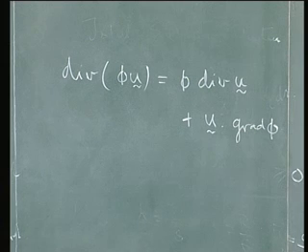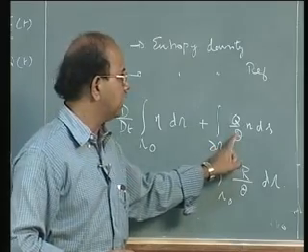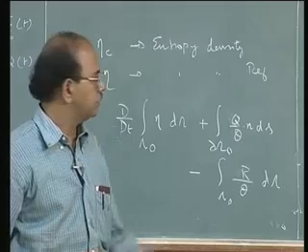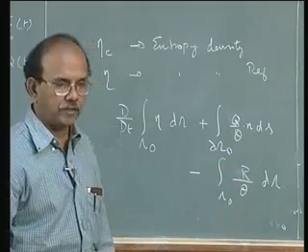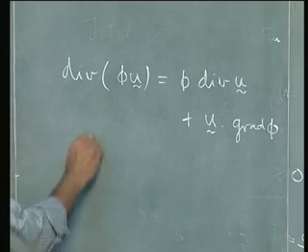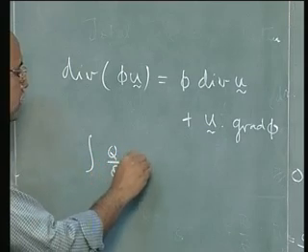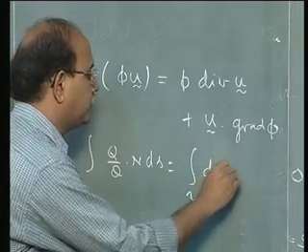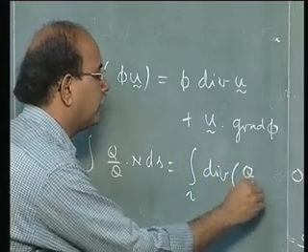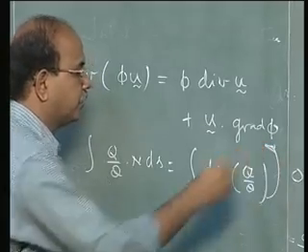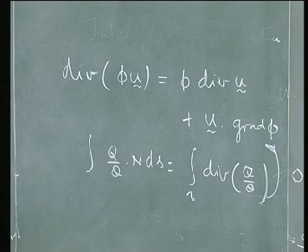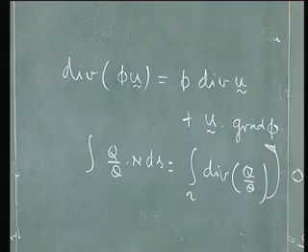So using that, how do I write the divergence of q by theta dot n? The divergence of q by theta, and then use this expression to write the complete expression.